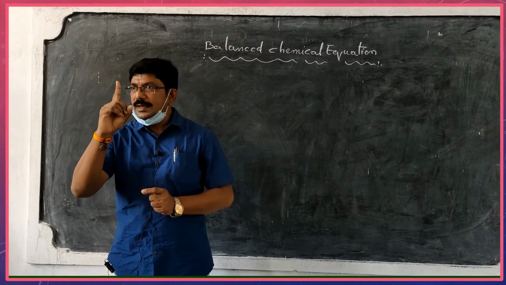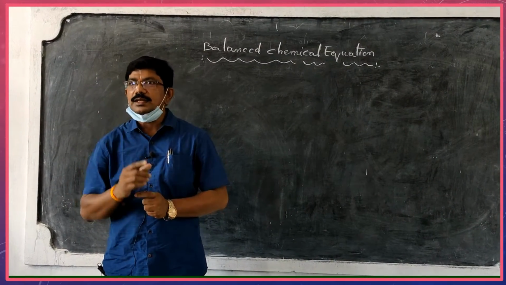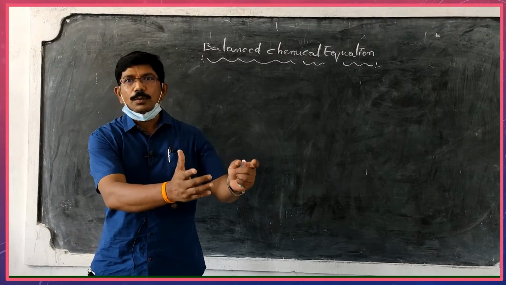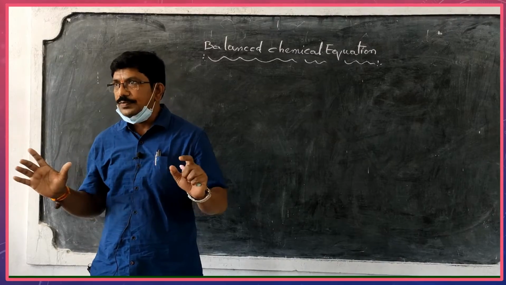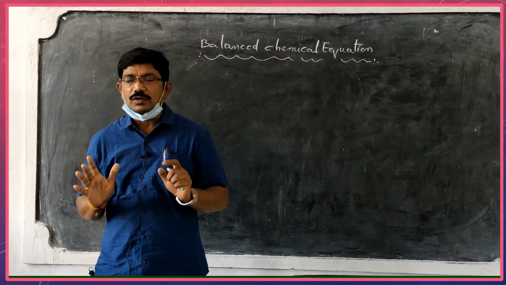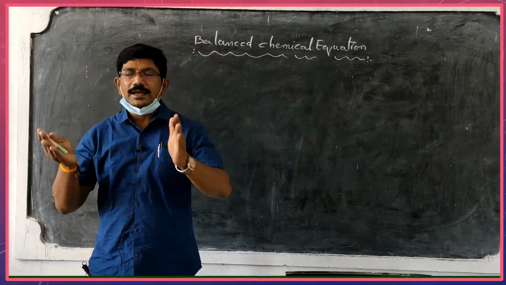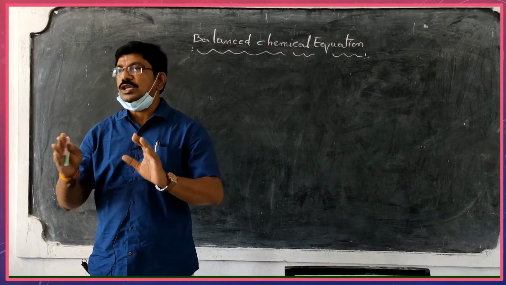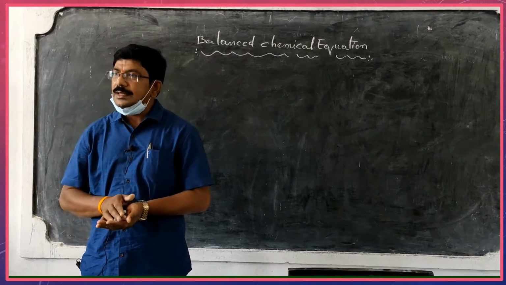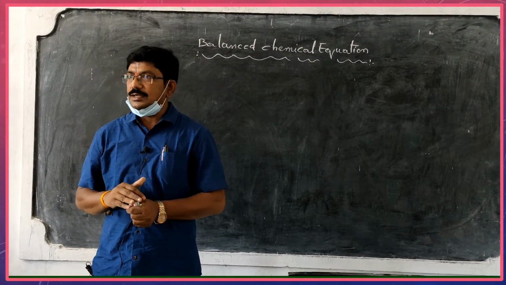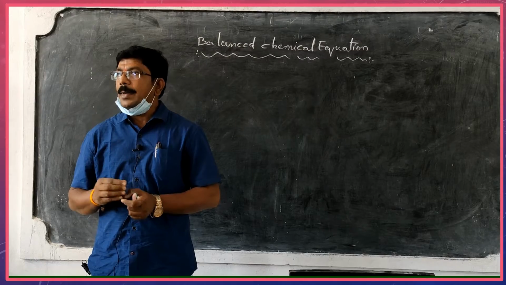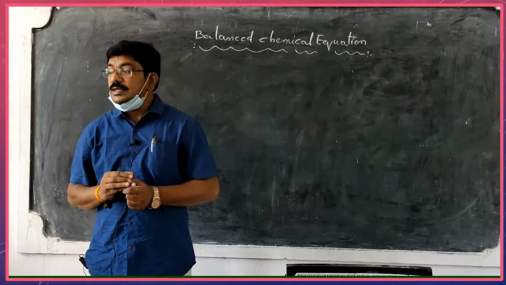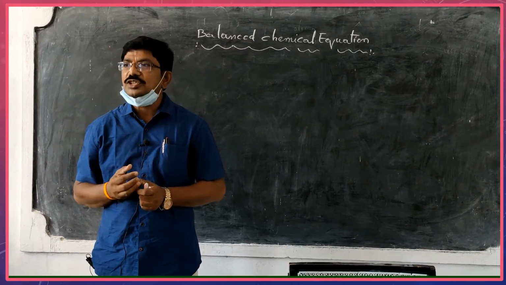When the needle is in the middle, then the mass of the tomatoes is equal to the mass of the 1 kg stone. Are you clear? So we say that you received 1 kilogram of tomatoes. In the same manner, in a chemical reaction, mass of the reactants must be equal to mass of the products. This is nothing but the law of conservation of mass.